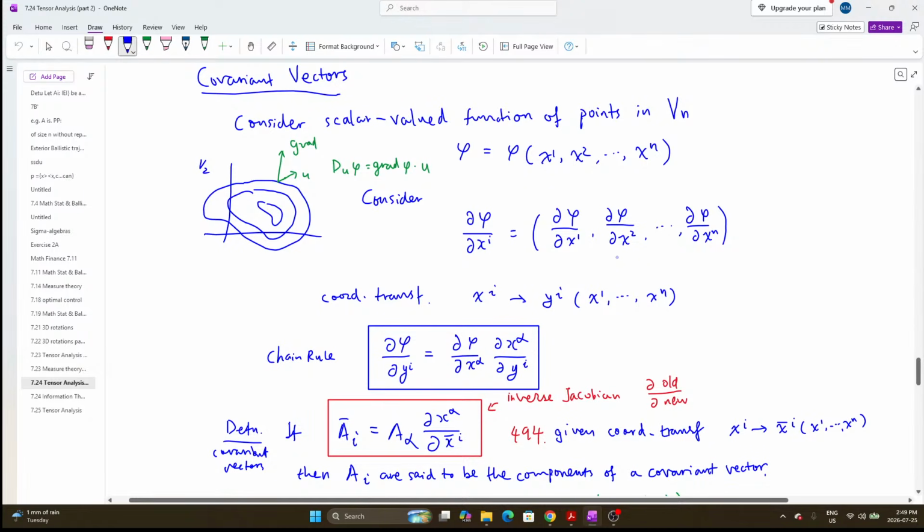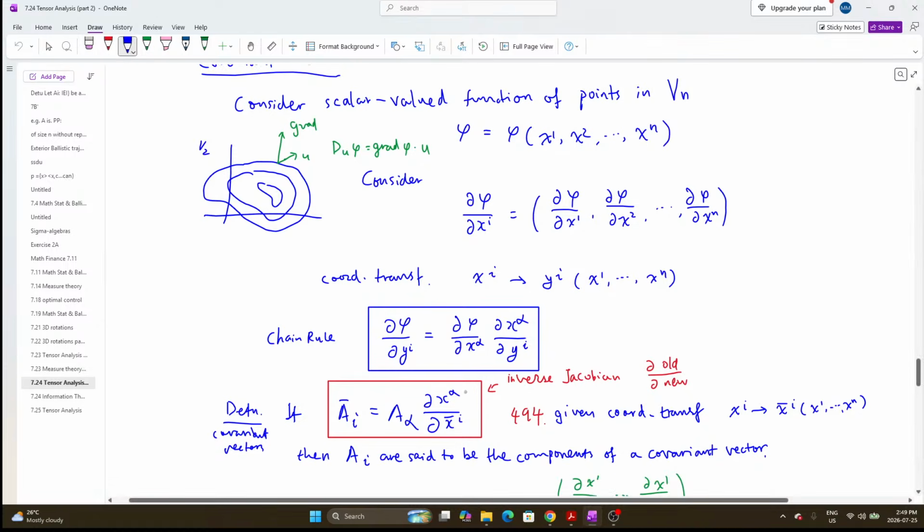And now let's consider coordinate transformation, xi to yi, where y is a function of x1 all the way to xn. You can think of this as a polar coordinate. Then just by chain rule, d phi over dyi and d phi over dx alpha are related by this expression. Motivated by this, we call that the covariant vector. The difference between covariant and contravariant vectors is that the Jacobians are different.